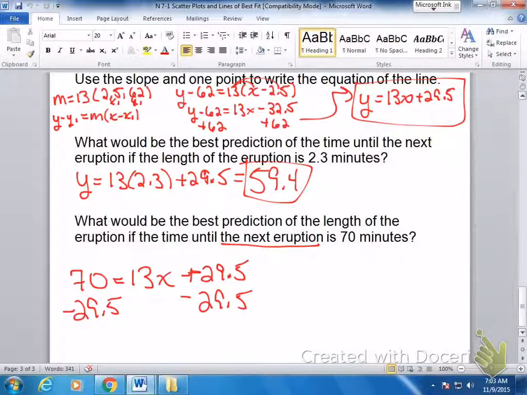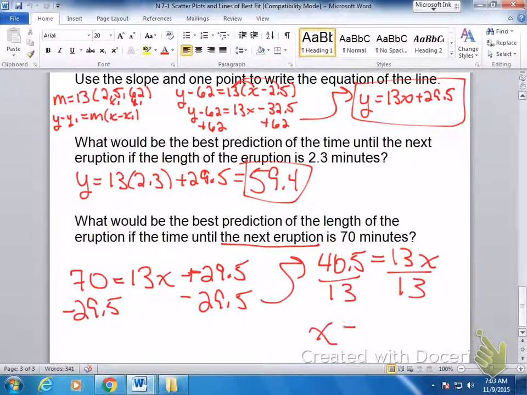When I do that, I get 40.5 equals 13x. Now, guys, to solve for x, I divide both sides by 13, and I get x equals 3.12.